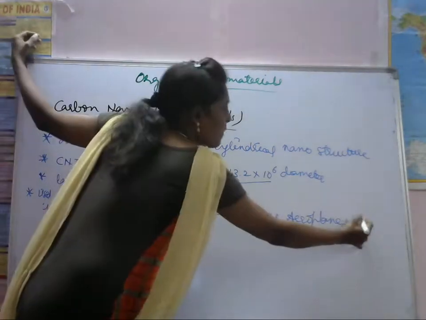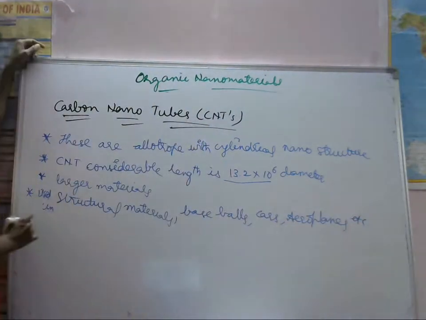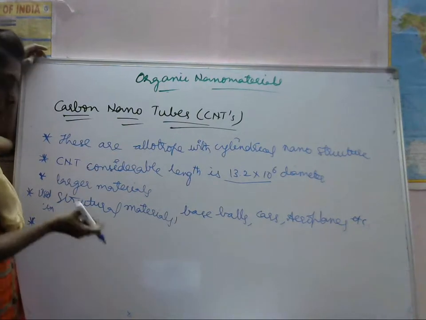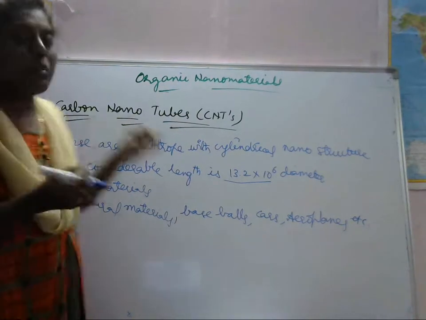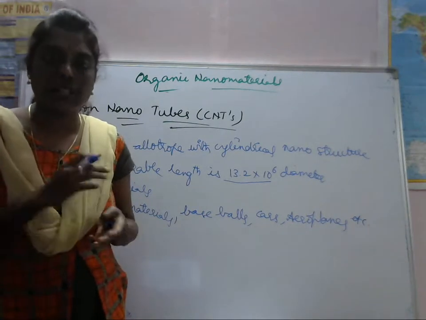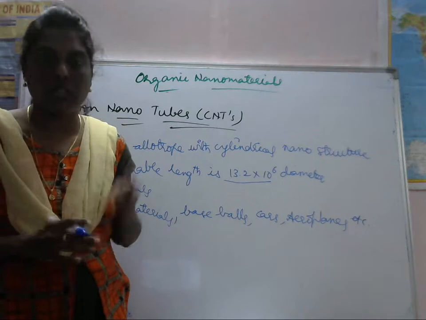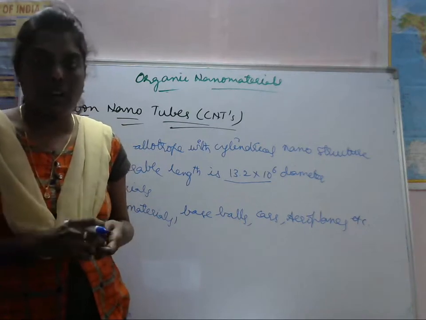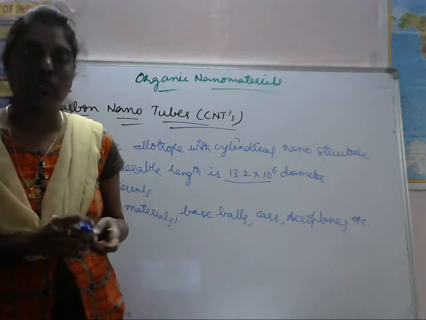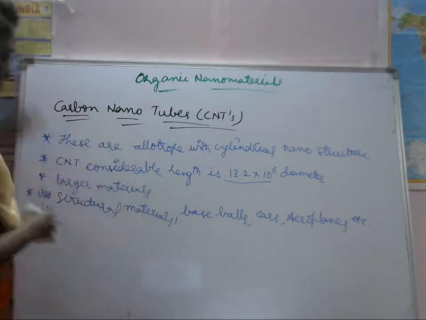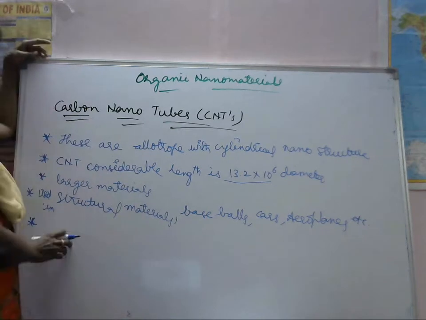So here these are number of fullerenes. Fullerenes means carbon is a repeated unit. If you take buckyball, C60 fullerenes are there, right? In that only 60 carbons are present in that fullerene. So this is a type of fullerene.